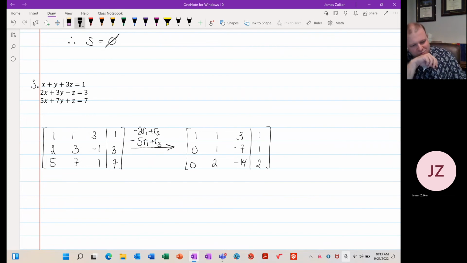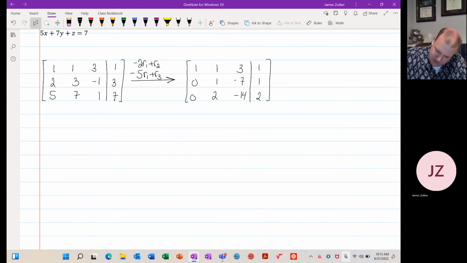And if you're really clever, you already see what's going to happen. Right? That 2, 2 entry is our next pivot, so zero everything out below it.